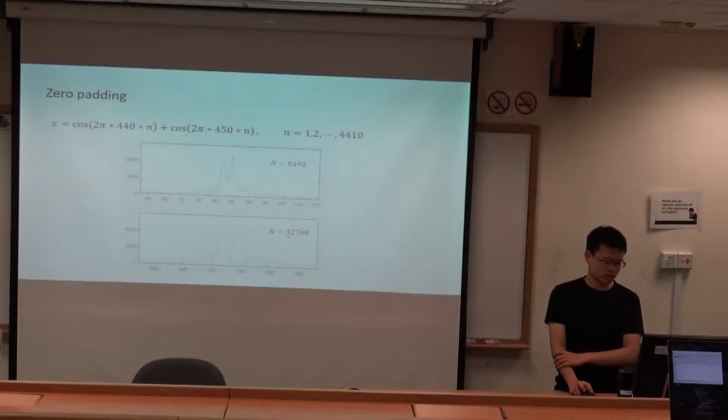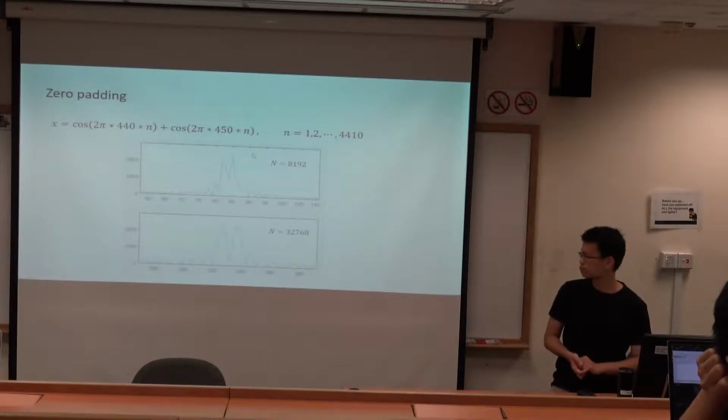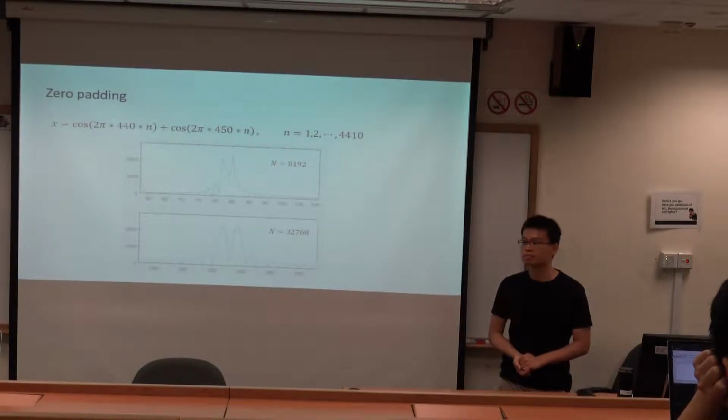But if I increase the DFT length, the plot will be very smooth and easy to discriminate, and it will give you a very accurate frequency, right? But in this figure, even if you choose a maximum here, it's not accurate. So that's zero padding.